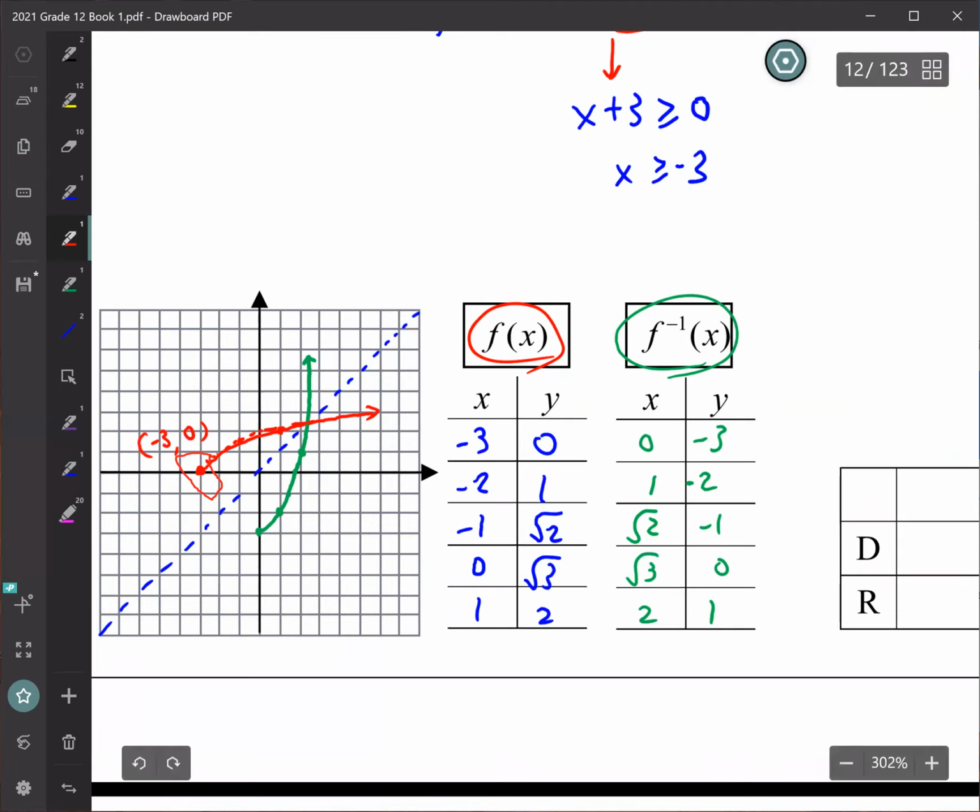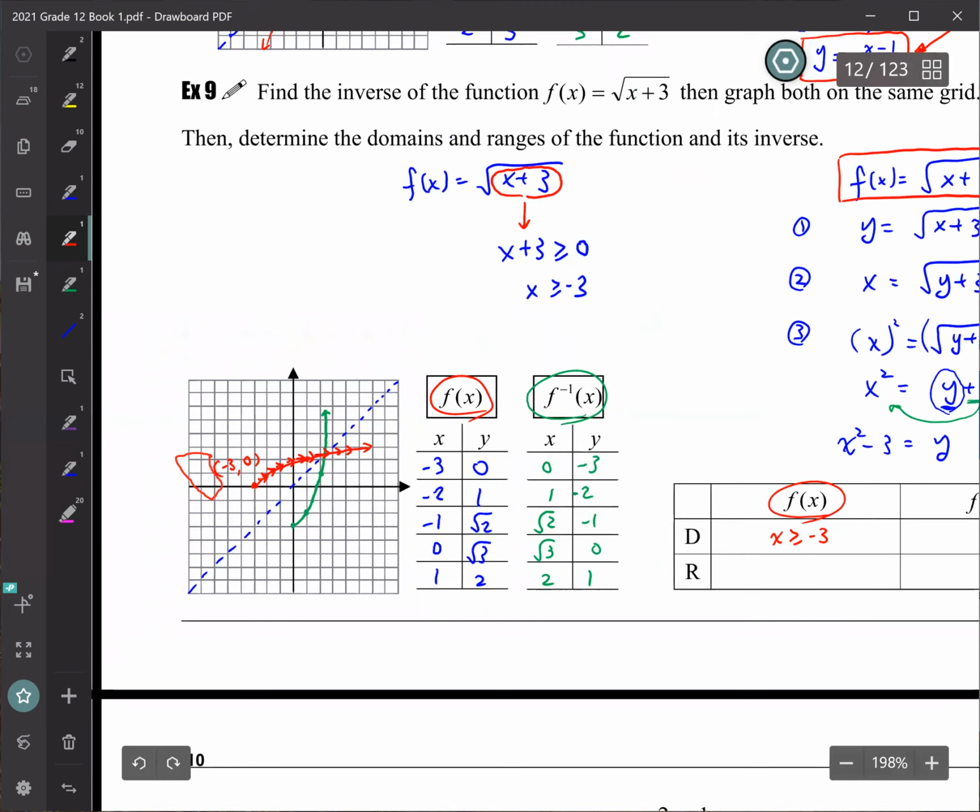Yeah, but we are looking for the range, right? For the range, you should be focusing on the X or the Y? Y. Yeah, so the Y is starting from, oh, I thought we were doing the other one. So Y starts from 0. Yes, okay. So start from 0 and then it keeps on rising, for the original. So how do we describe the range now? So Y is greater than or equal to 0.